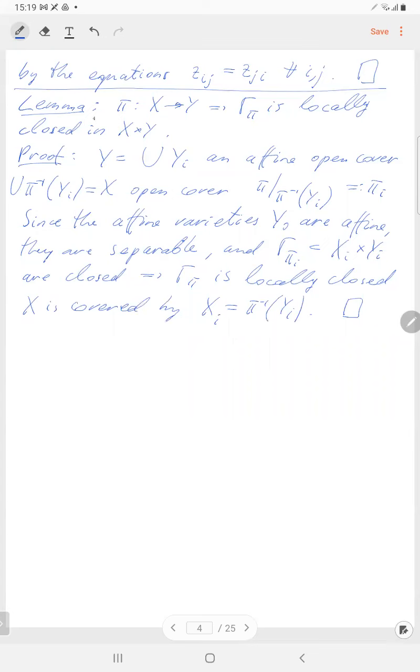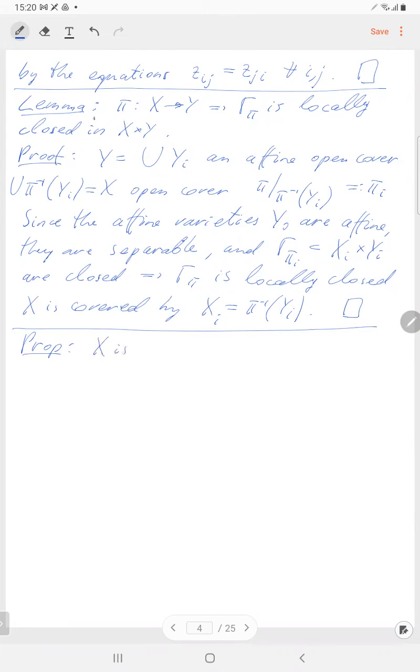And now another useful claim, how to distinguish separable varieties, is as follows: the criterion of separability.